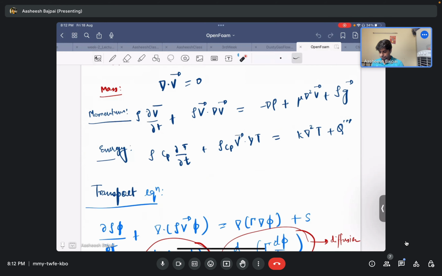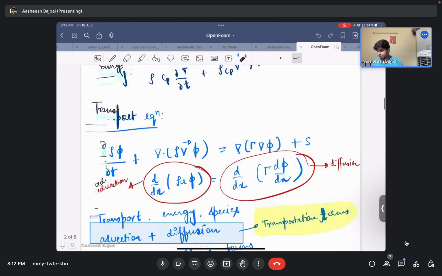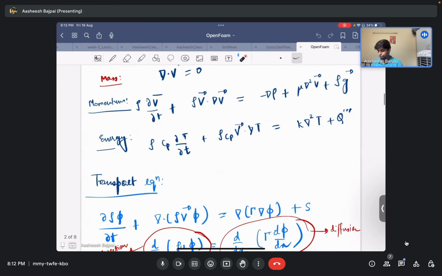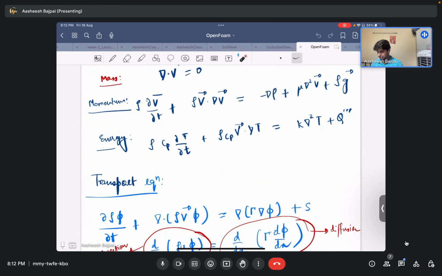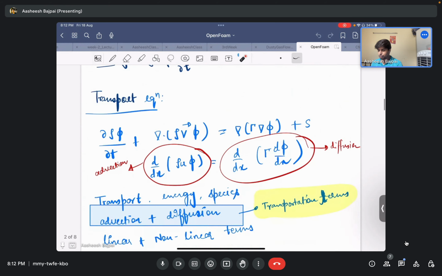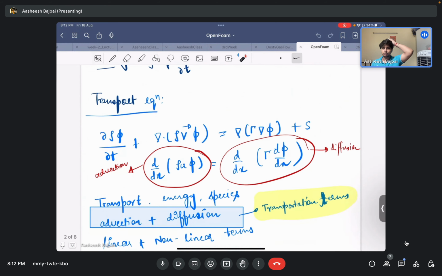Let's come to the general transport equation. All the equations are transport equations, and if we want to write them in the general form, this is called the transport equation. Transport of mass, transport of momentum, anything will come under the hood of the transport equation.